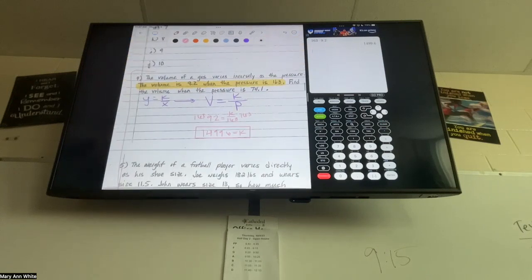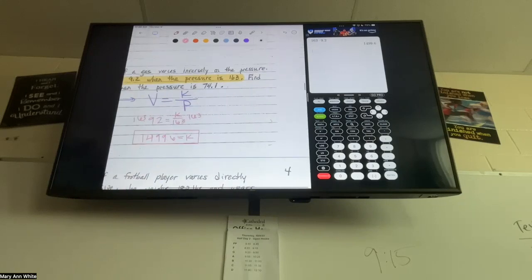We need that constant though, because the next part of the question says find the volume when pressure is 74.1. So that means I still have my original equation. I'm still doing V equals K over P, but now I have my constant. I've got my K is 1,499.6. I've got my pressure is 74.1, and I don't know my volume. So we just plug those pieces in.